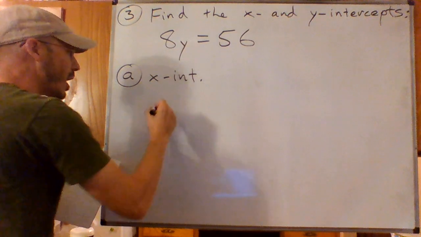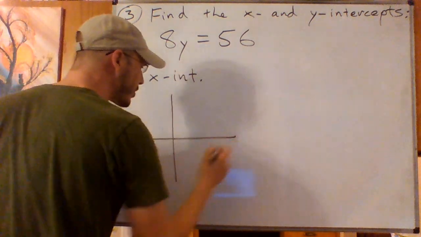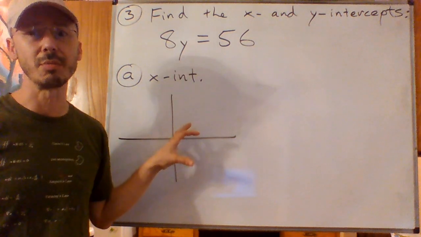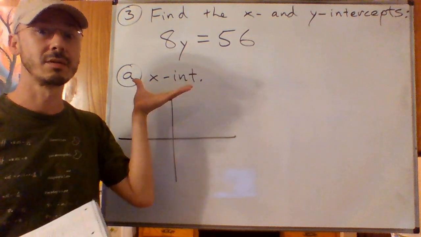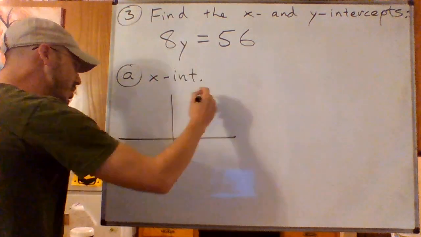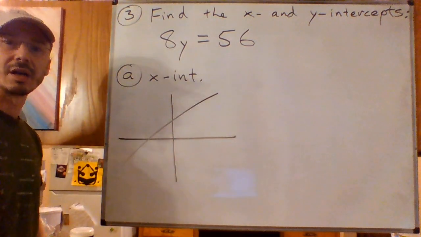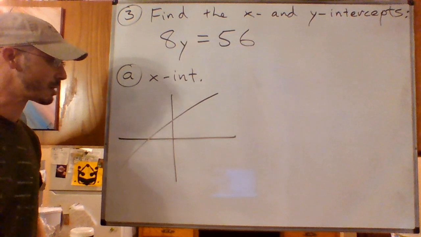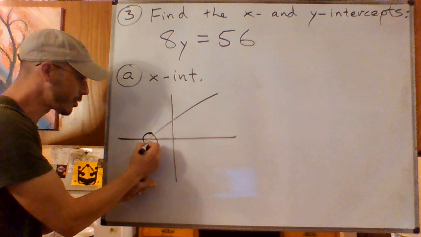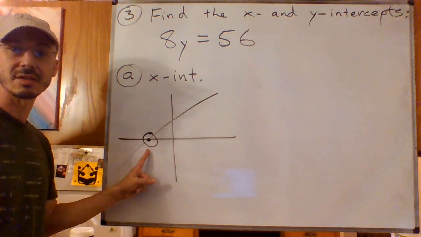And to do that, I want to show you a graph. Now this is not the graph of the line here. We don't have to graph in this problem. We just have to find the intercepts. First the x-intercept. And I'm just going to draw a line to demonstrate what that means. The x-intercept is where the graph crosses the x-axis.